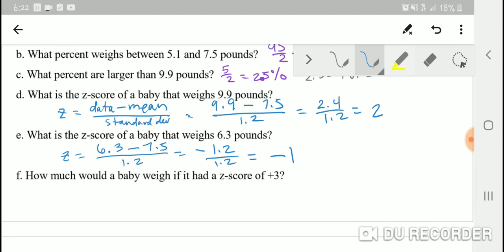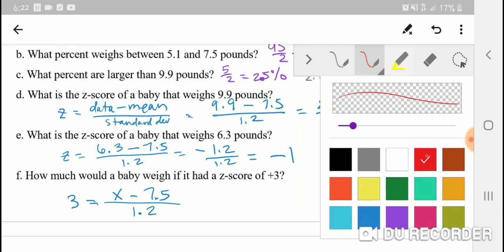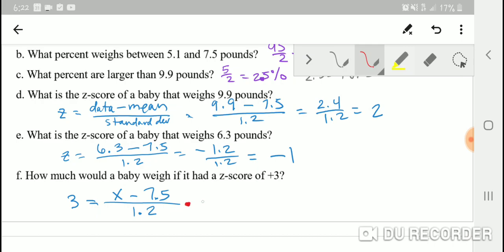And then letter F is asking us to find our data point given a z-score of 3. So our z value is 3. We don't know our data point. Our mean is still 7.5 and our standard deviation is still 1.2. We want to solve for our data point, our x value. We need to undo all of those numbers. So I would start by multiplying by 1.2 on both sides.